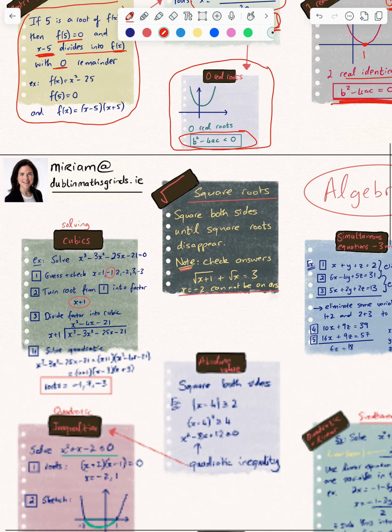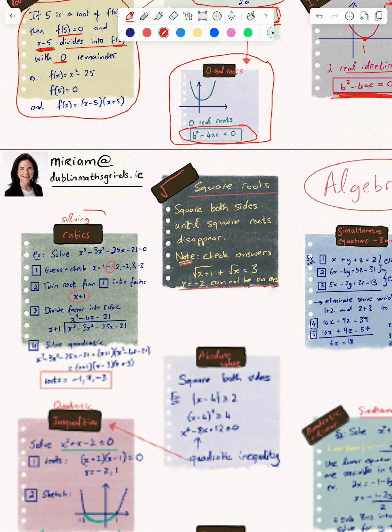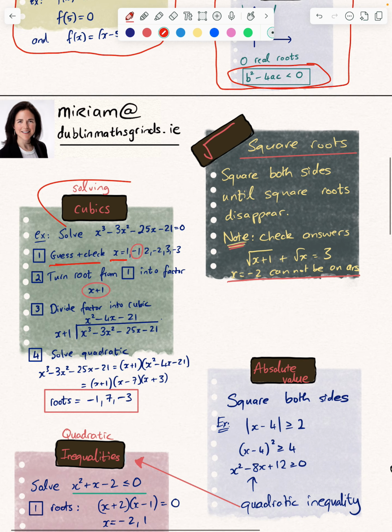Okay. Solving cubic equations, top left. Unless you're given a root or maybe a factor to begin with, you guess and check. So try x equals 1, minus 1, 2, minus 2, 3, minus 3. By the time you get to minus 3, you should have come up with a root, otherwise life is too difficult.